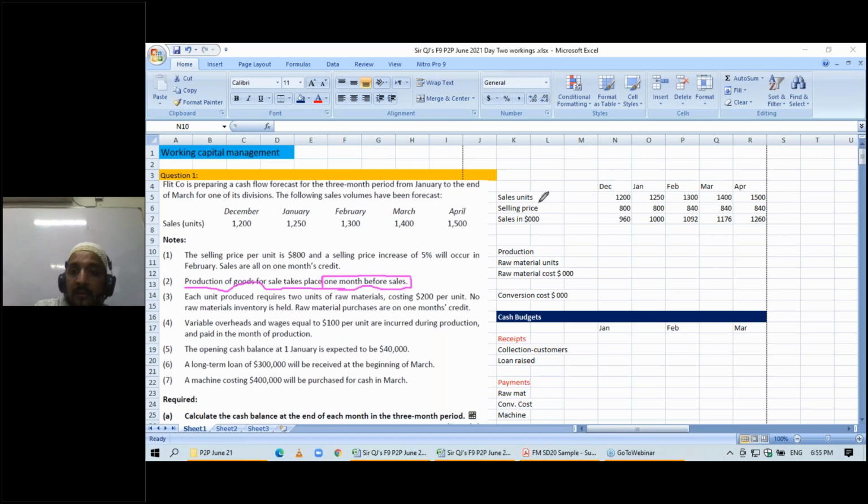This means that the 1250 units of January will be produced in December. 1300 units of February will be produced in January. So 1 month in advance they are producing, right?